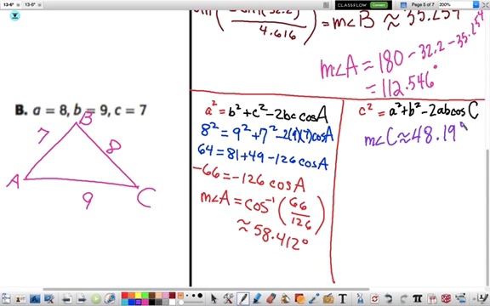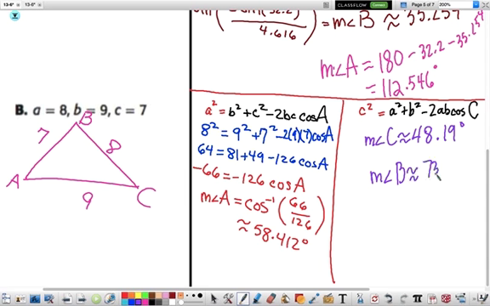Okay, looks good. We found those two, so find the third. 73.398. Looks good to me. Thanks, Molly. Measure of angle B.